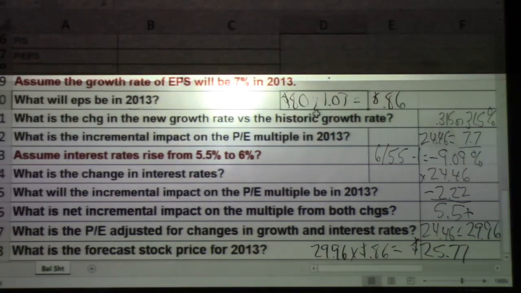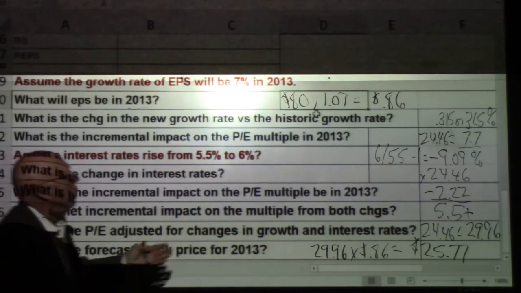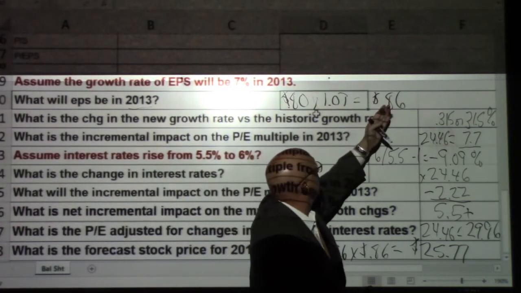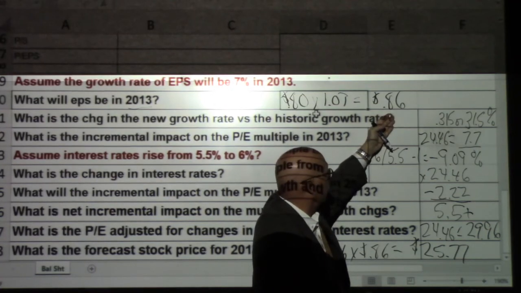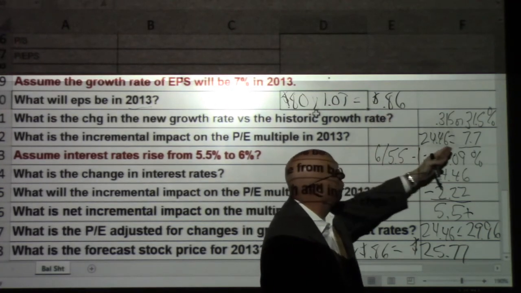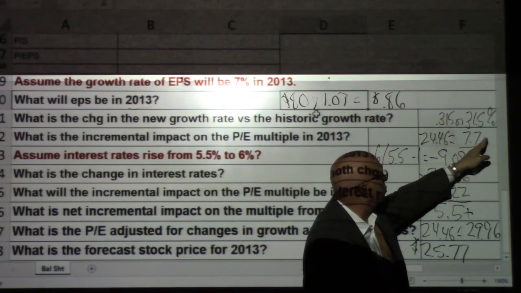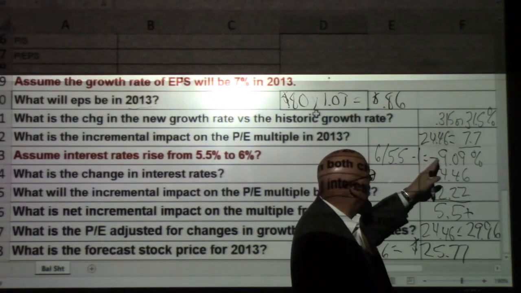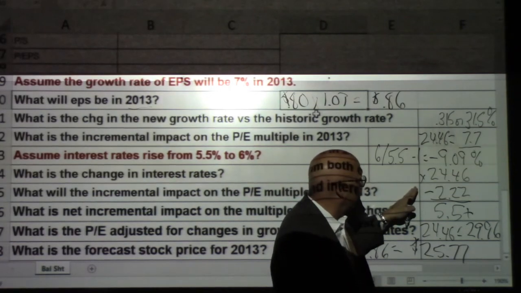Given the historic data that we've had, the fundamentals that we forecast, the multiples that we observed, we start with the new growth rate of 7%, 86 cents is our earnings per share, and the multiple growth goes up roughly 32%, which is 7.7 multiple points. Interest rates going up 9% cause the multiple to go down a little over 2 multiple points.